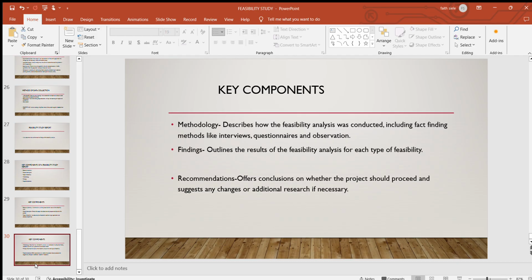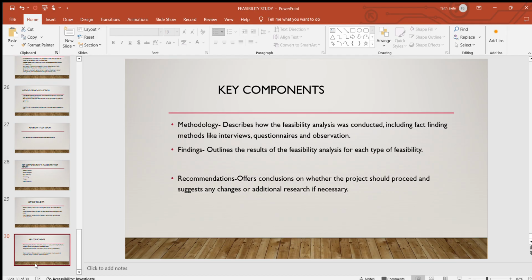Number 5, we have findings, and we say that it outlines the results of the feasibility analysis for each type of feasibility. And lastly, we talked about recommendations, whereby we mentioned that it offers conclusions on whether the project should proceed and even suggests any changes or additional research if necessary.